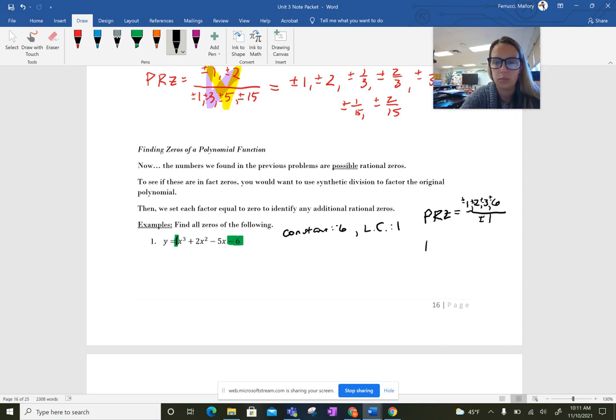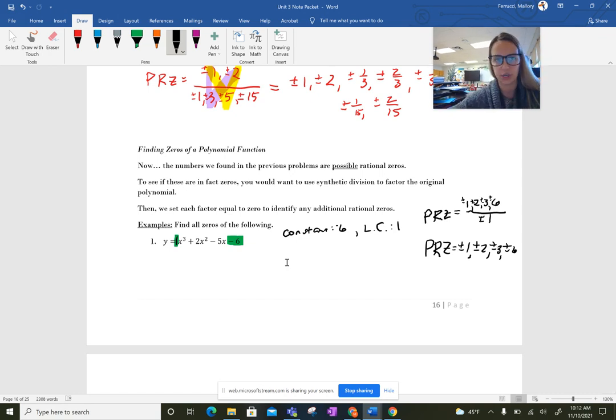So the possible rational zeros are just 1, 2, 3, or 6, and the positive or negative forms of them. From here, pick any strategy that you want. It really doesn't matter just as long as you start finding zeros.